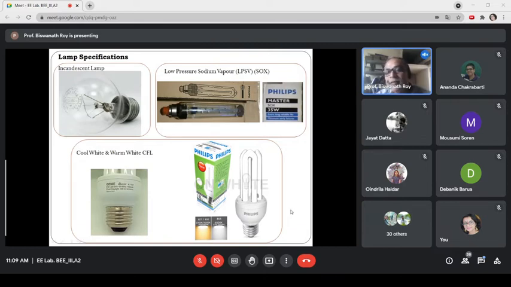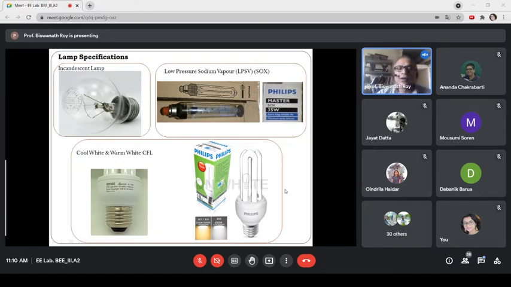Is there any reason? Yes, the reason is commercial, of course. The conversion efficiency in case of yellow rich phosphor is less than the conversion efficiency of the blue rich phosphor. So lumen per watt in case of cool white light is more than in case of warm white light.